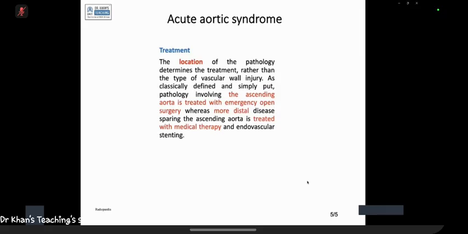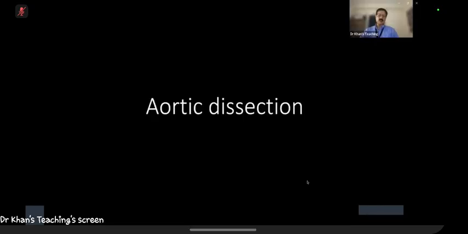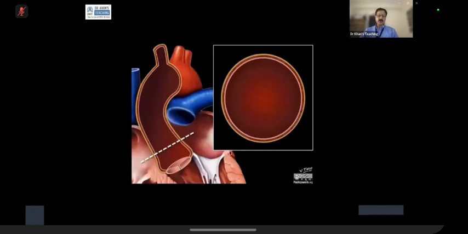So all of these pathologies are tackled according to their location. Location is important. I've just put in these beautiful diagrams from Radiopaedia, which you can revise from Radiopaedia.